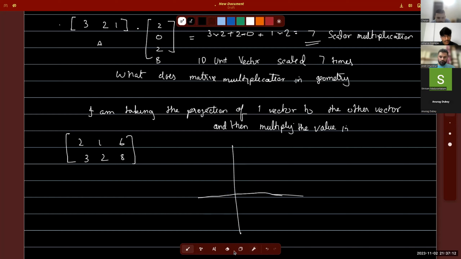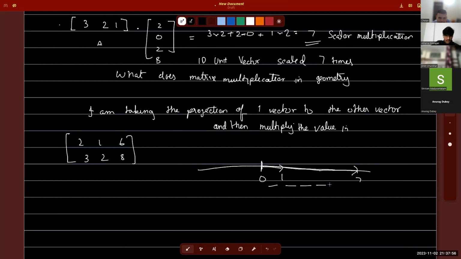I think for the first one, we only need a number line. So this is a vector in one dimension, 1 comma 0, or say only 1, and you have scaled it 7 times, that is with a factor of 7. So you get 7.